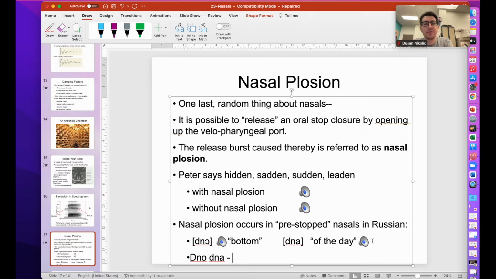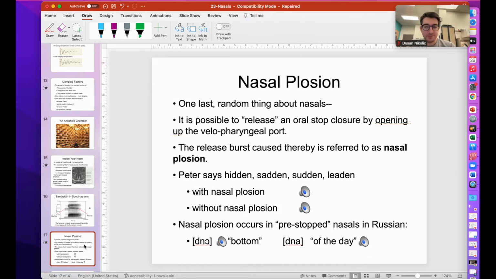For example, if the behavior at the recent Oscars was the worst, you can say it was dno dna, it was the worst, right? And that's nasal plosion occurring over there, right?